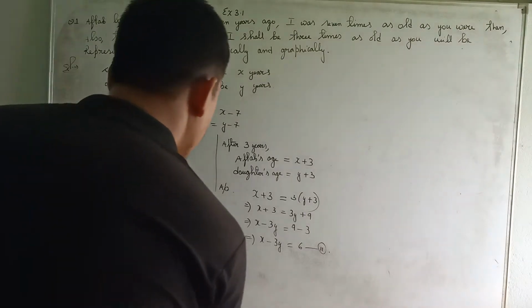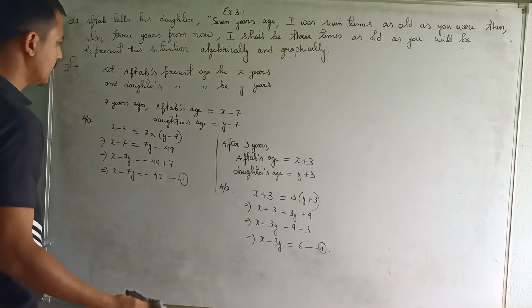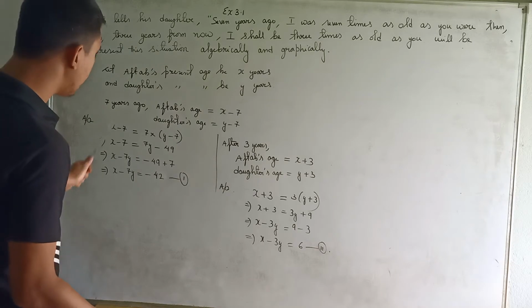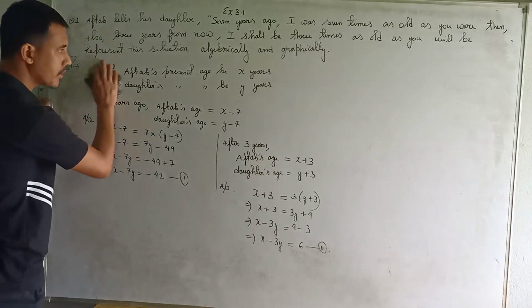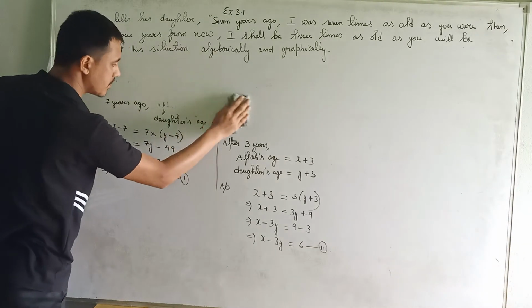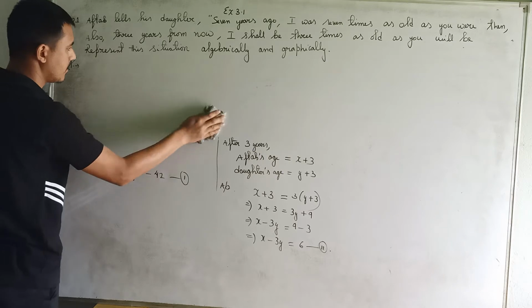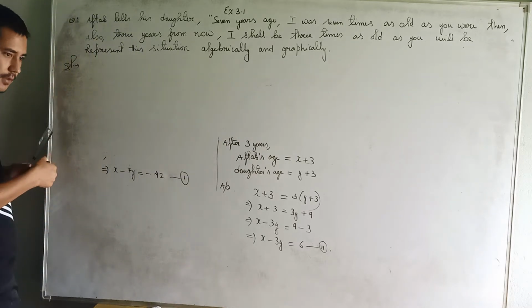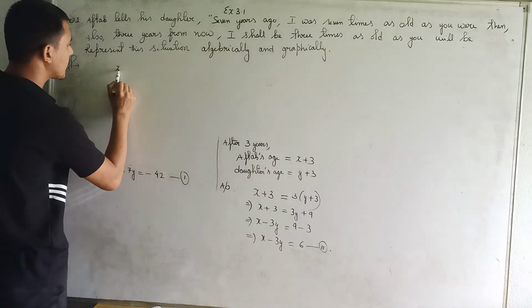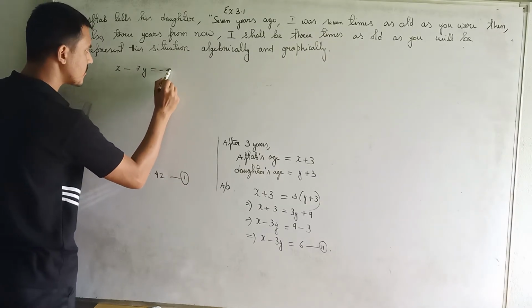So I'm going to represent this graphically. Now, if you are done with this, I'm going to rub this out, and I'm going to just write down the two equations that I have obtained. x minus 7y is equal to minus 42.